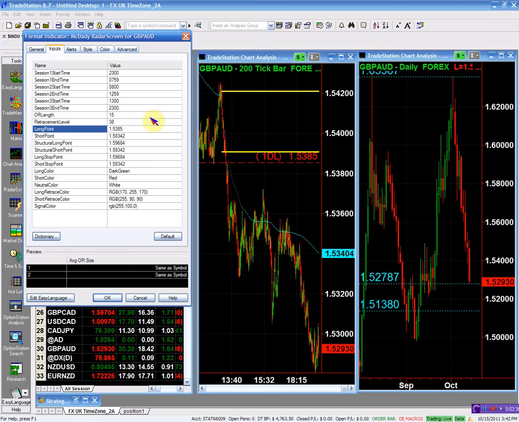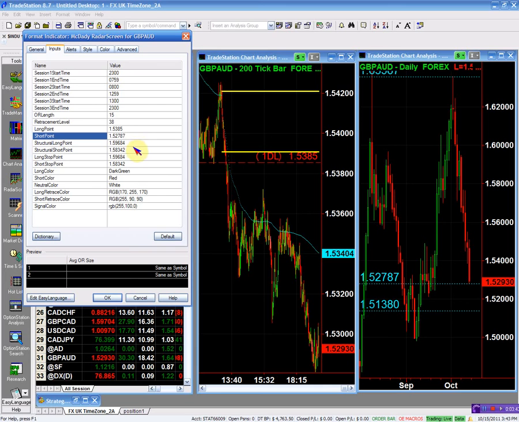We're going to sell it below 152.78, and our structure short is going to be the 151.38. If I buy it above 153.85, my stop is going to be below the market side, which is 153.40.